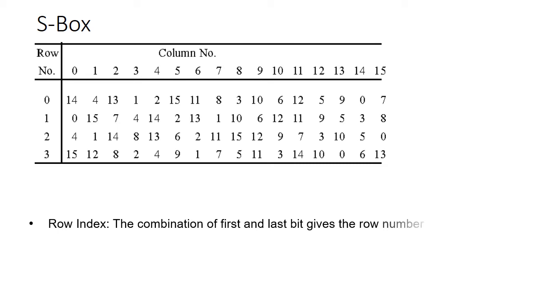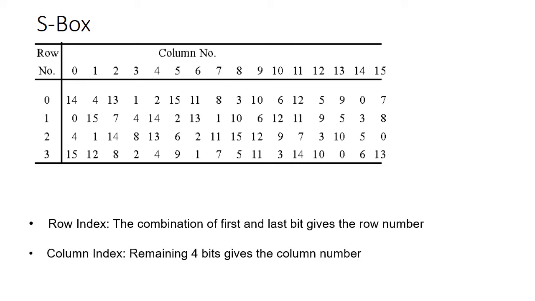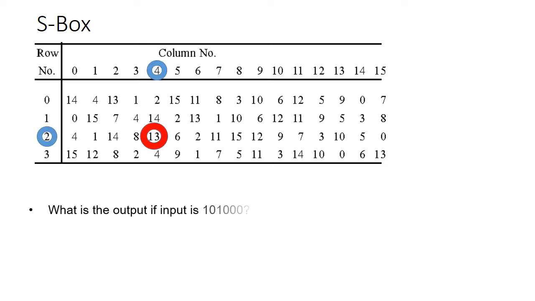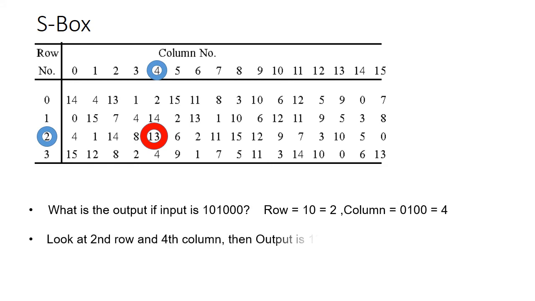The input of the 6 bits is divided into two parts to get the row index and the column index. The combination of the first and the last bit gives the row number, and the remaining middle 4 bits give the column number. Let's say the 6-bit input is 101000.